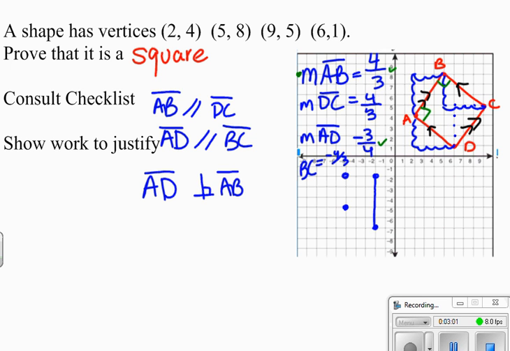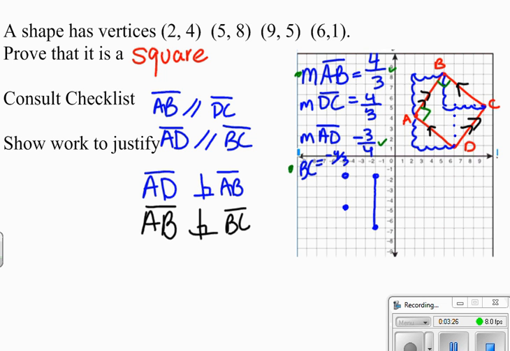Here's AB, here's CB or BC. They have opposite reciprocal slopes. So I can now make this statement that AB is perpendicular, forms a right angle, because of the opposite reciprocal slopes, to BC. All right, so I've proven that we have the right angles. I've proven the parallel sides.